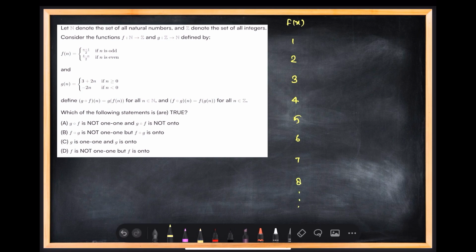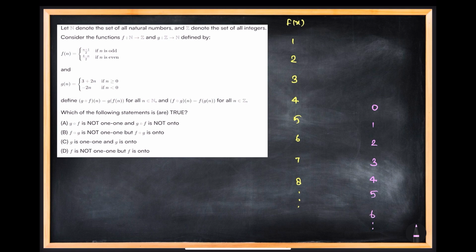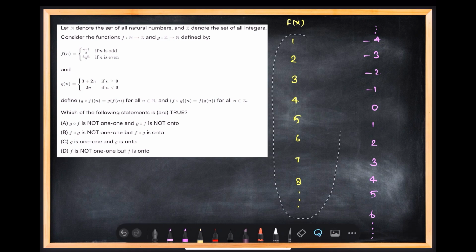This natural number is connected with integers 0, 1, 2, 3, 4, 5, 6, -1, -2, -3, -4, and so on. So this thing will go this way.